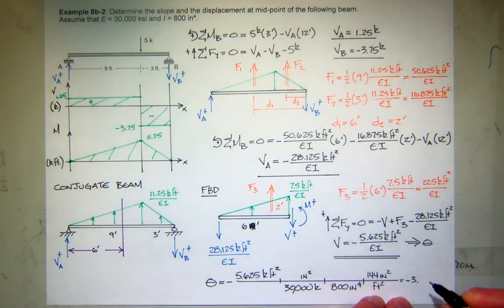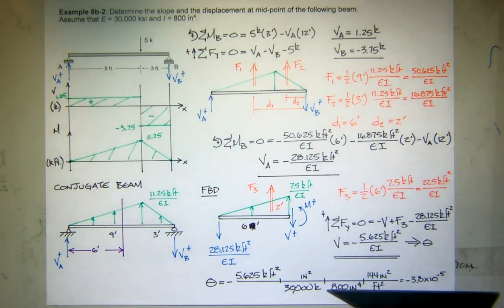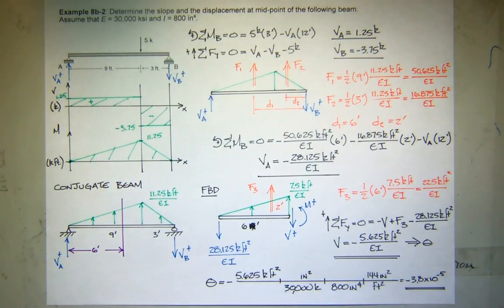Let's just say 3.8 times 10 to the minus 5. That's pretty small. And don't forget, that's going to be in radians. So we need to get the displacement.